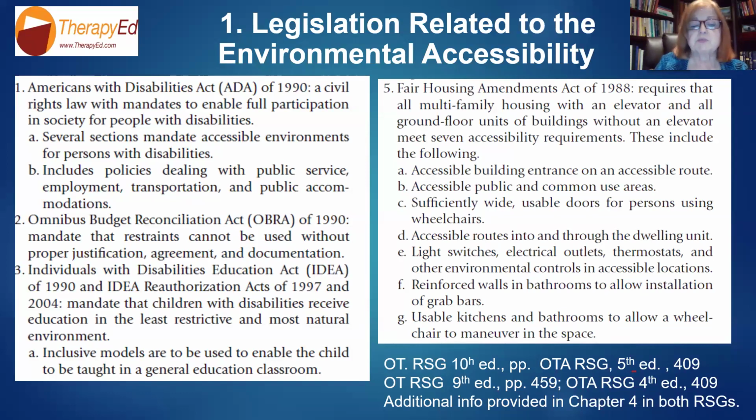So to enable people to participate in the environment, there are specific rules as to when restraints are allowed, including medically necessary to prevent harm. And in both chapters, I cover quite a bit on restraint reduction and alternatives to restraints. So I just wanted to let you know that that information is also in these chapters.